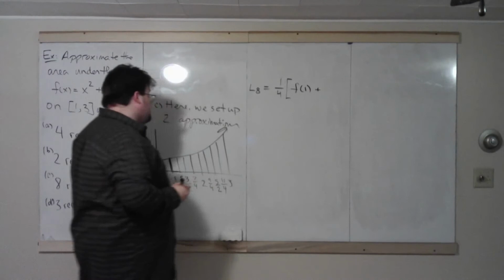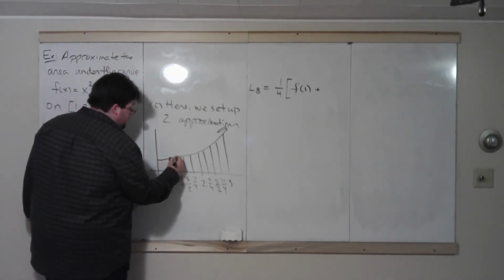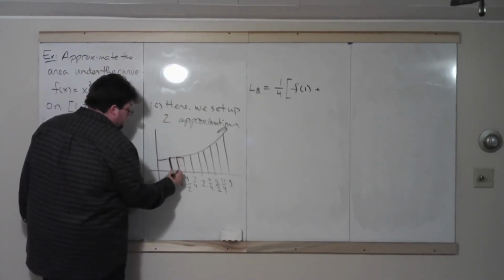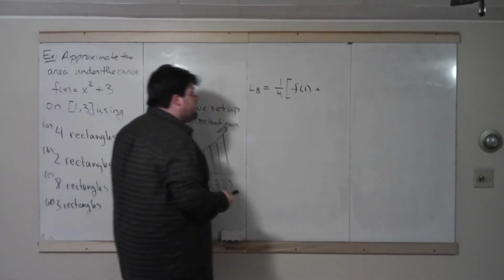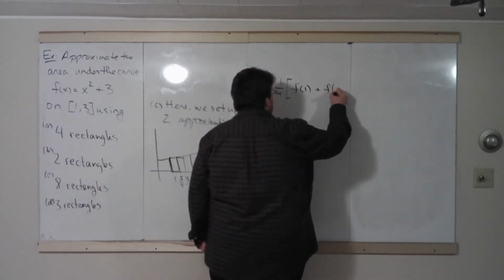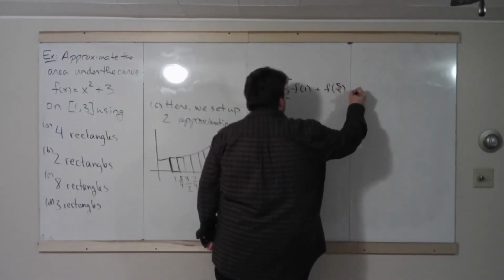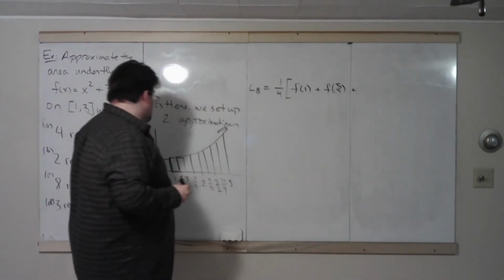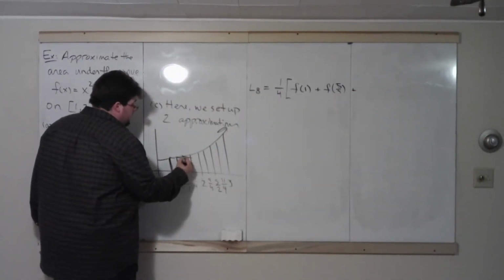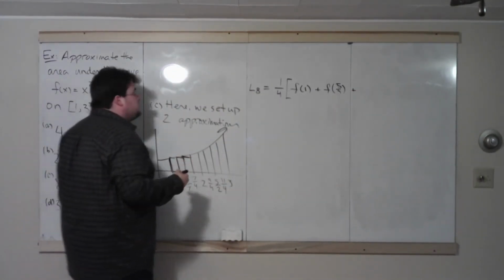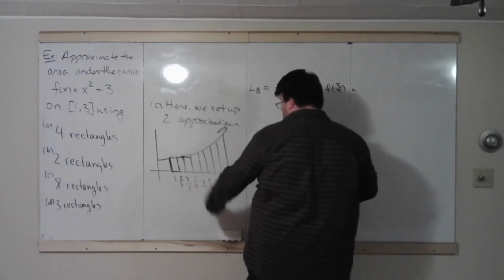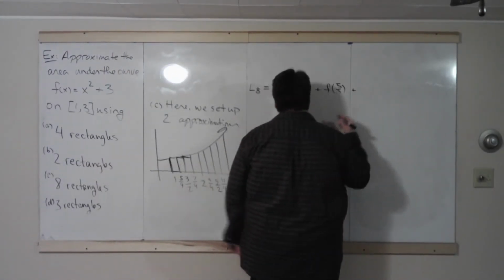The height of the second rectangle is given by the second left endpoint. So f of 5/4. The third one is given by the function at 3/2.